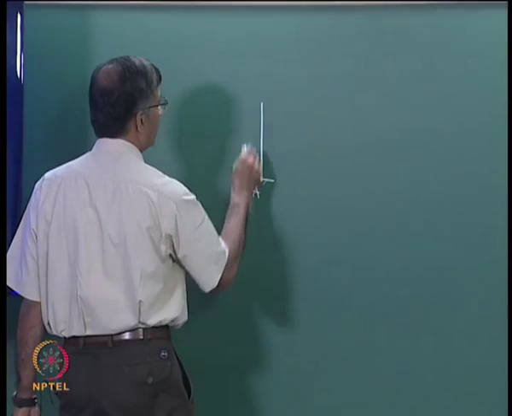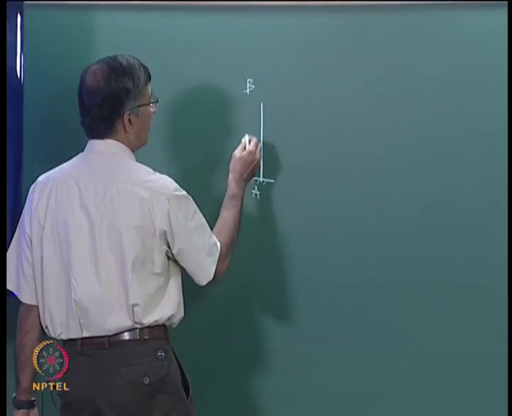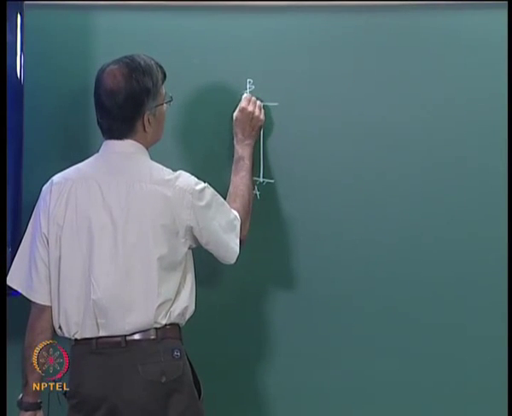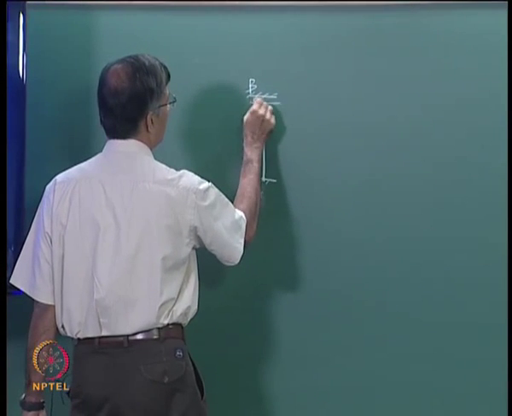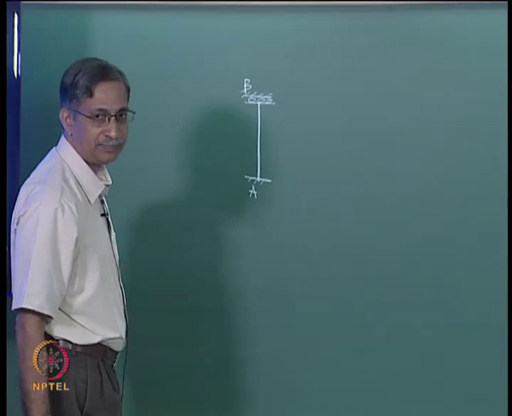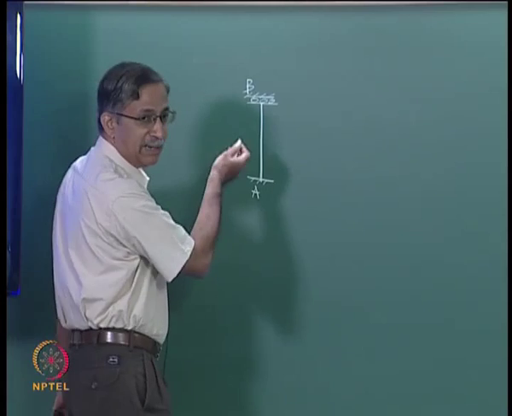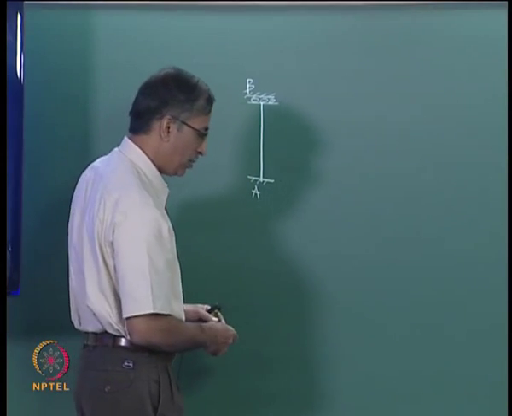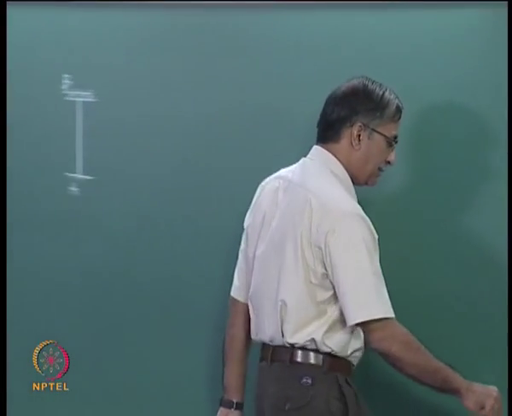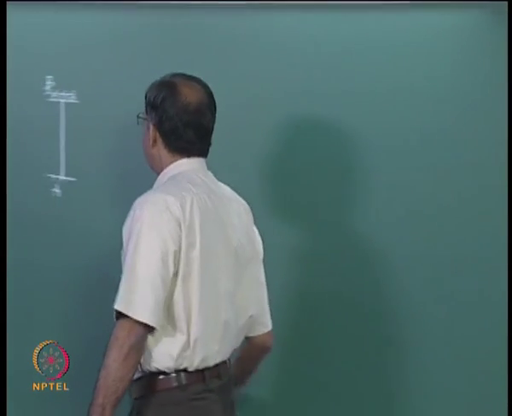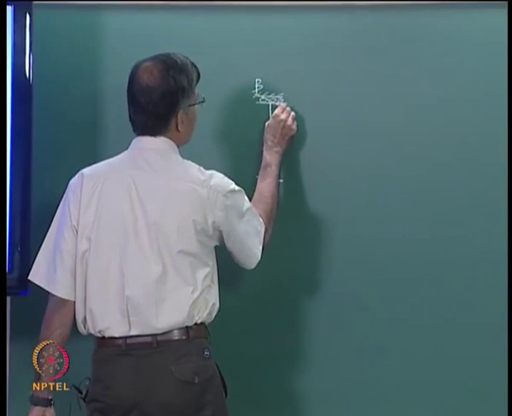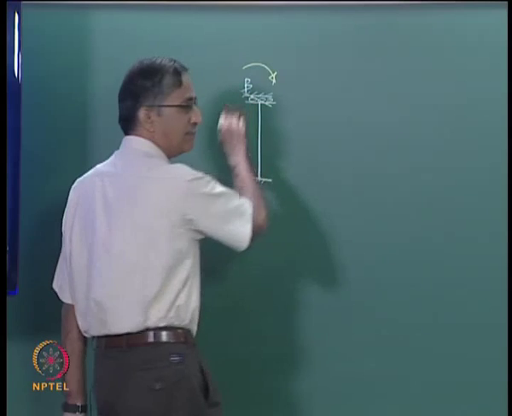This is A, this is B, and we are arresting this with a guided roller support, right? Now we are allowing theta B to take place. So when you allow theta B to take place, you are letting this undergo a rotational slip, which is as good as applying a moment, right?